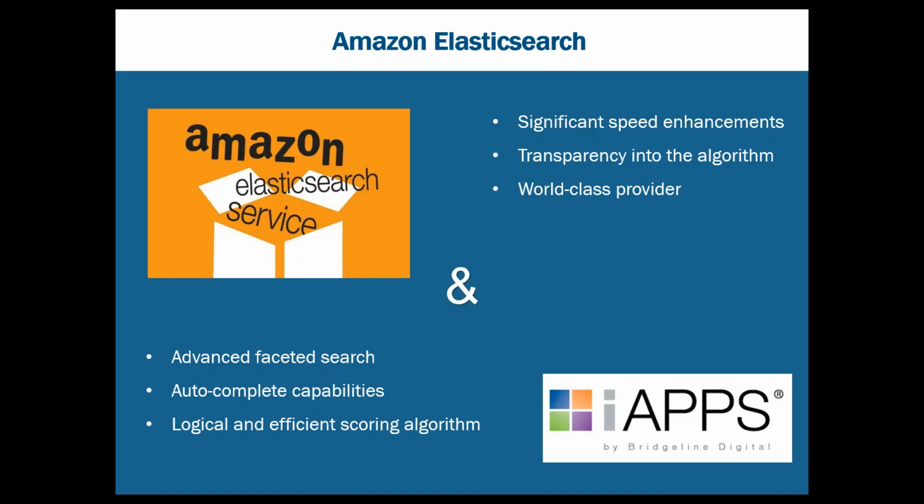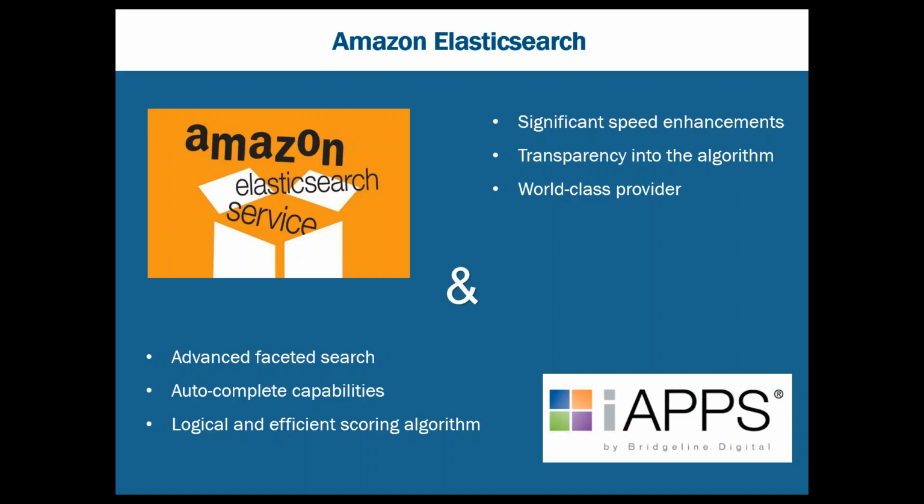What it means to you is significant speed enhancements through intelligent search indexing methods, improved reliability, capable of handling massive amounts of data with horizontal scalability, transparency into the algorithm to allow more flexibility to generate the best results, a distributed real-time document store where every field is indexed and searchable, and capabilities for custom data mapping, structured search, range search, multi-field search, faceted, and geolocation search.